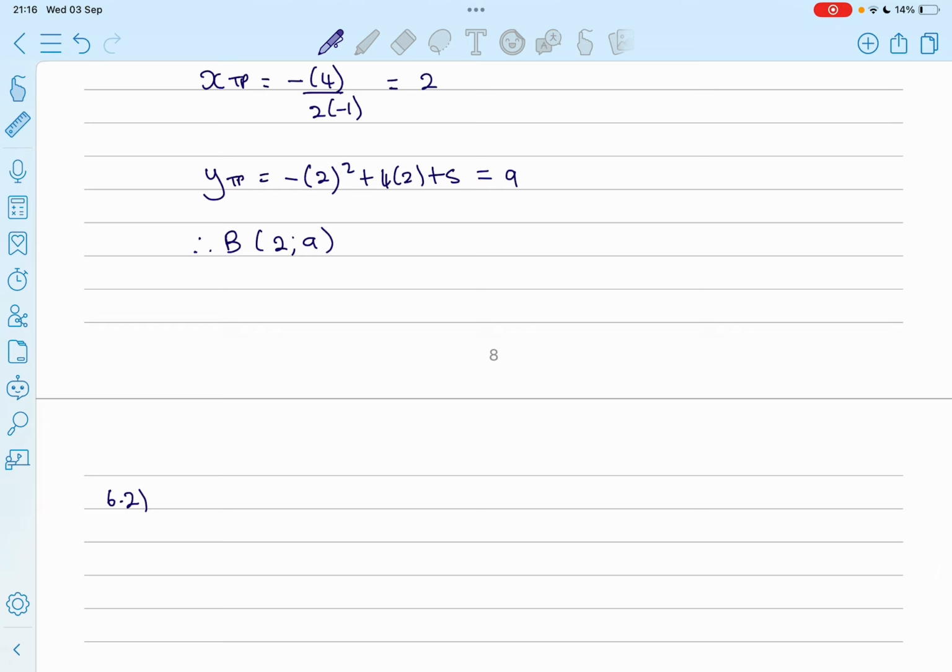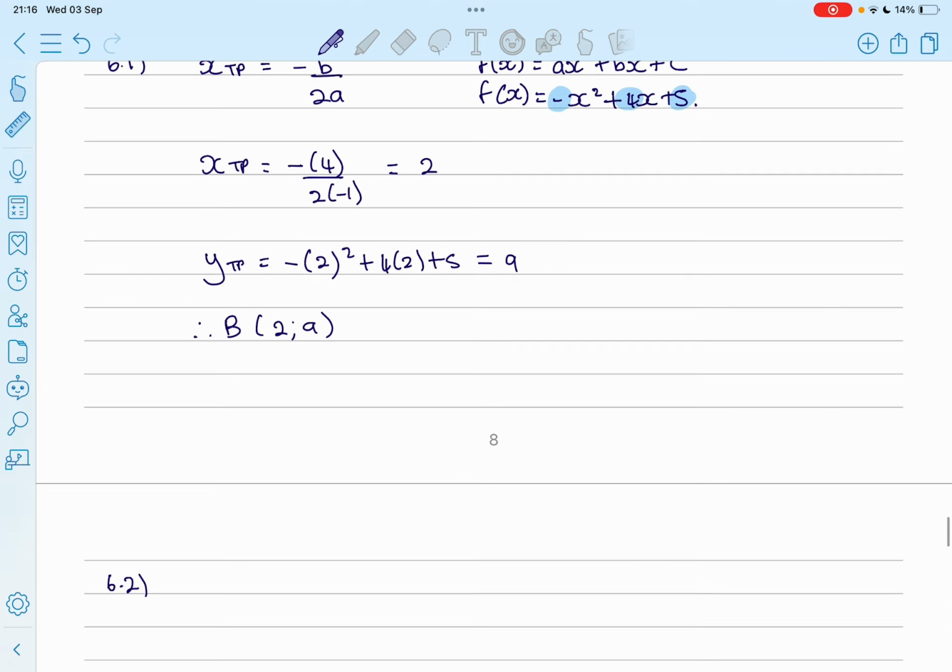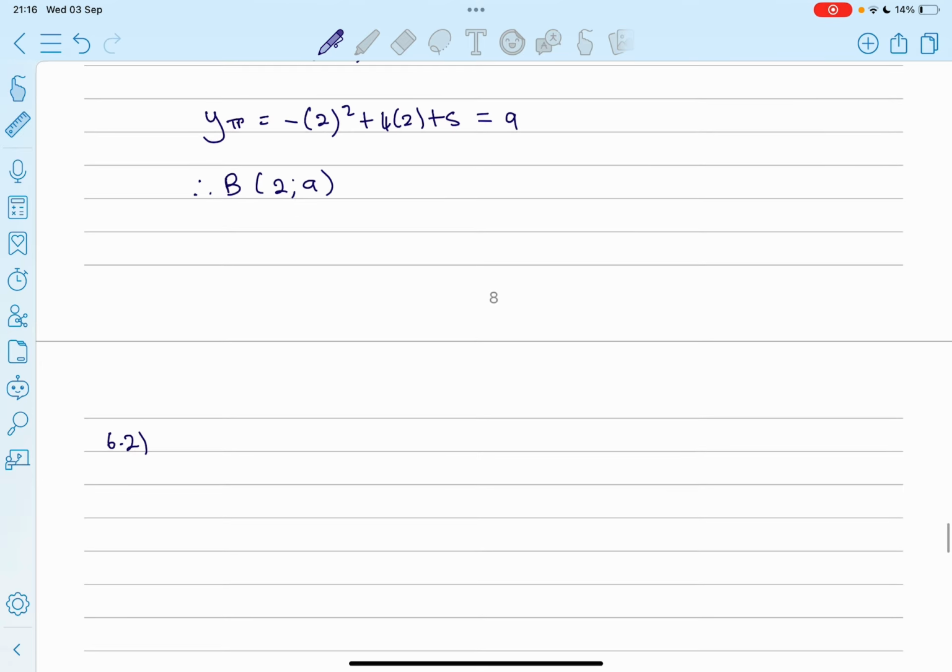6.2. So to get your x-intercepts, you need to let y be equal to 0. So 0 is equals to minus x squared plus 4x plus 5.